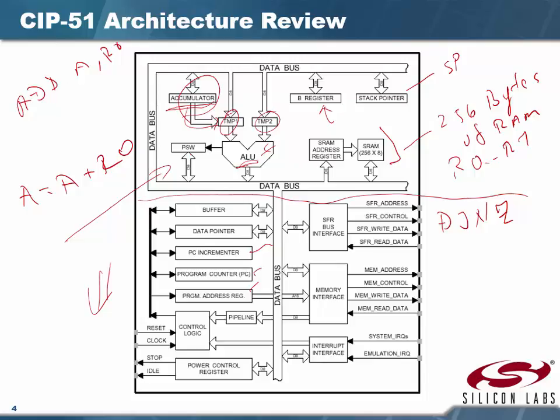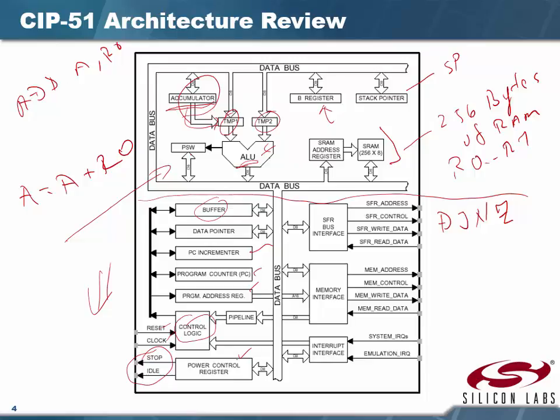We have a buffer right there where things go to before they're taken from memory. We have our logic control that controls our reset and our clock. We also have our power control register that allows us to stop and run the program in idle. In other words, go into a shutdown mode or a sleep mode.